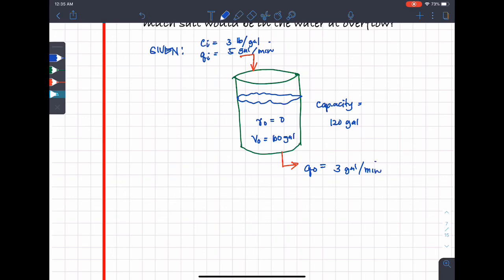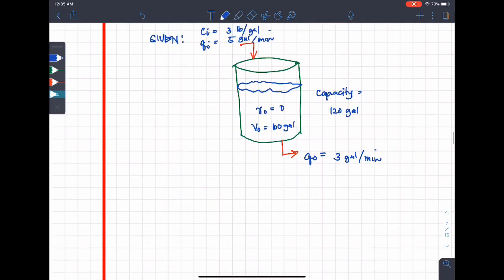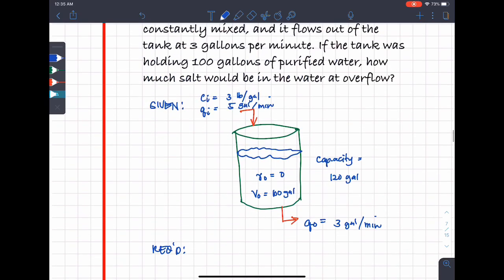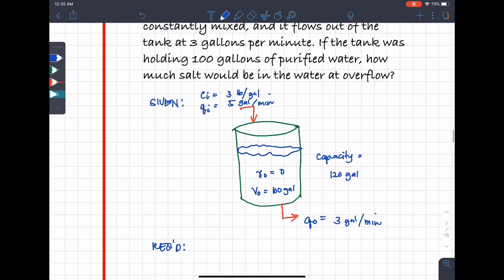As you can see here, the input volumetric flow rate is greater than the volumetric output flow rate. Therefore, there is a tendency that our tank will overflow, since the input flow rate is faster than the output flow rate. What we are to find is how much salt would be in the water at overflow.